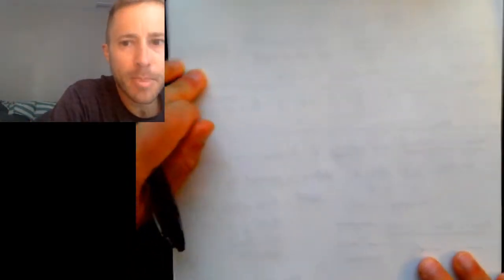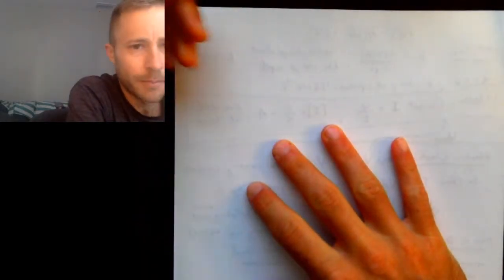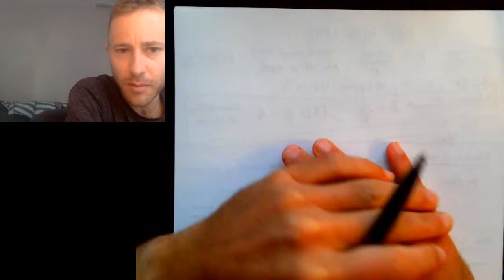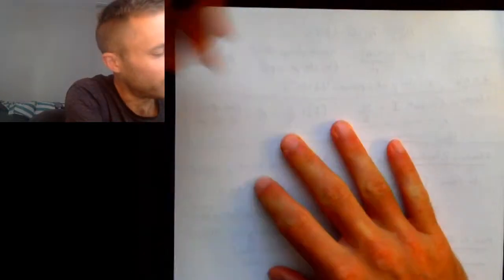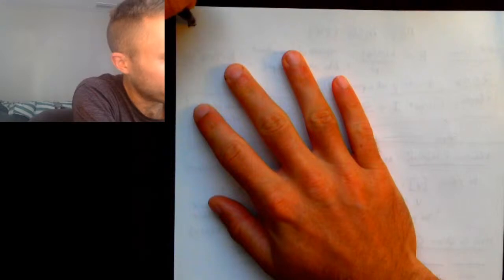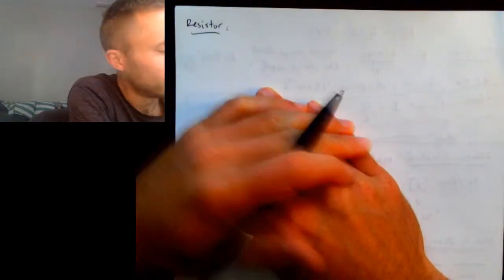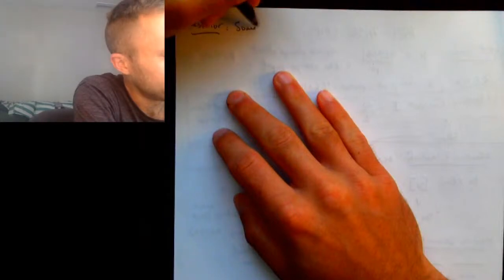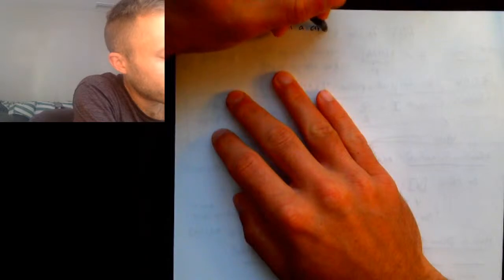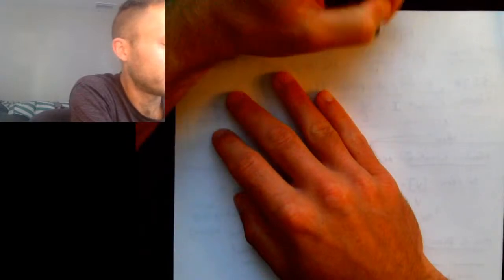All right. So, if we want to talk about that, there's a device called a resistor, which is something in a circuit that provides resistance.